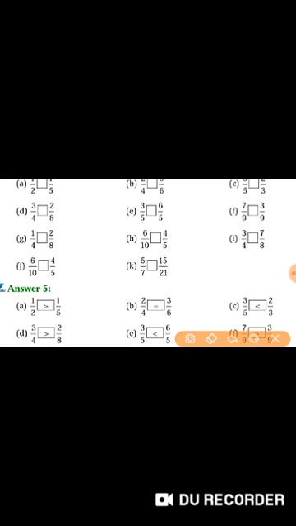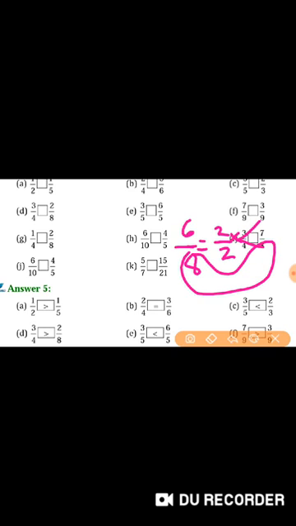So I'll make 8 the denominator. By multiplying the numerator and denominator by 2, 2 3s are 6 and 2 4s are 8. So 3 by 4 I can write as 6 by 8 now. So now the denominator becomes the same, isn't it? So now which is less? 6 is less, so less than. This is how also we can do it.